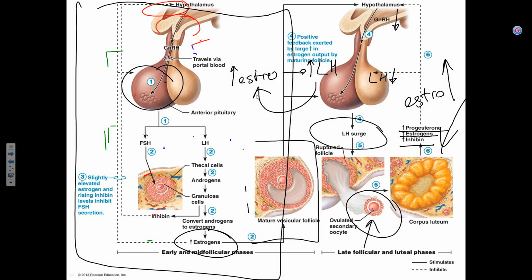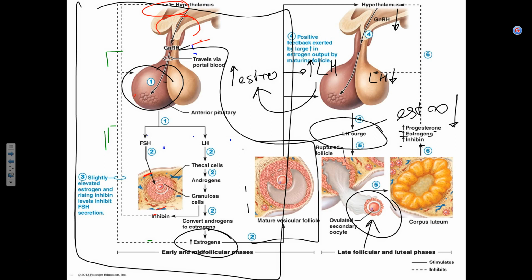They also decrease. And when estrogen levels decrease, what happens to the levels of gonadotropin releasing hormone? They go up, LH goes up, the cycle starts over.